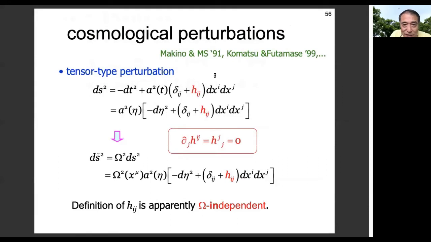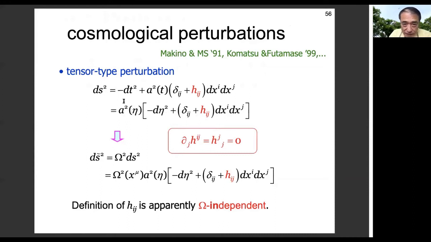Anyway, the whole point now is let's just consider the cosmological perturbations, and I'm focusing on linear perturbation. For example, consider the tensor type perturbation, which appears in the spatial component and which is transverse and traceless.